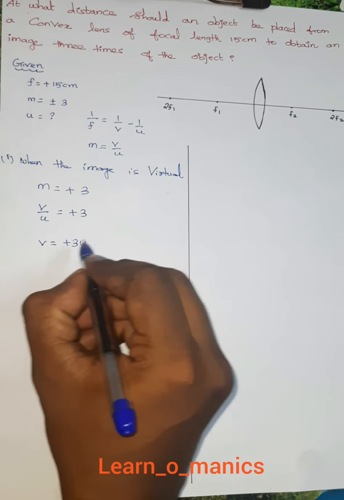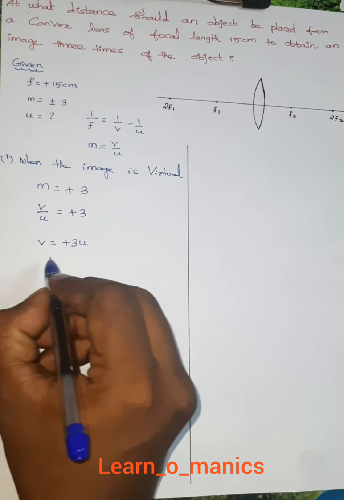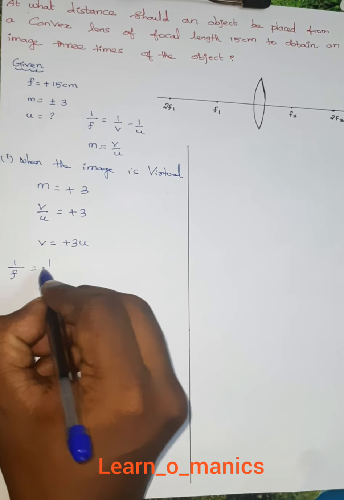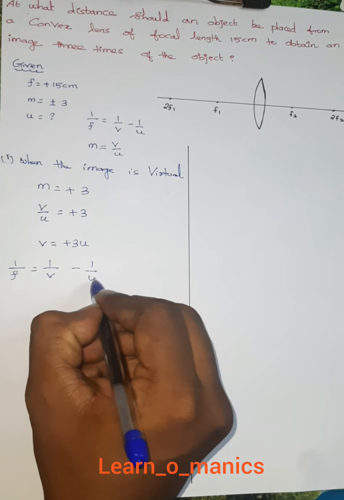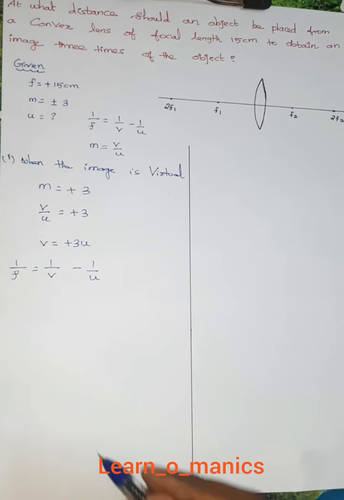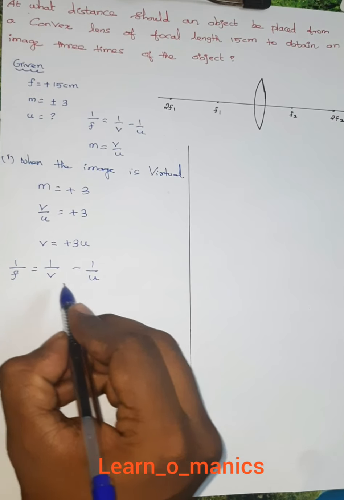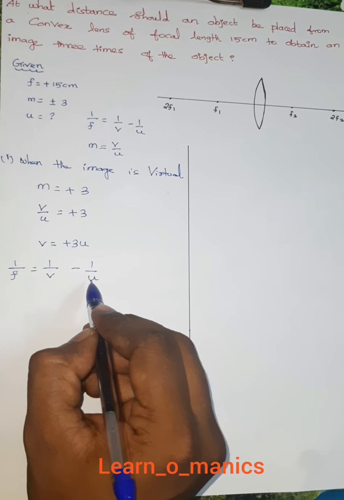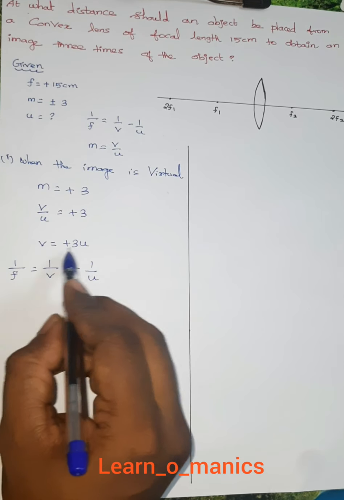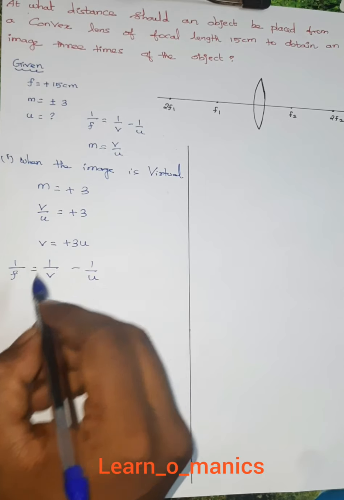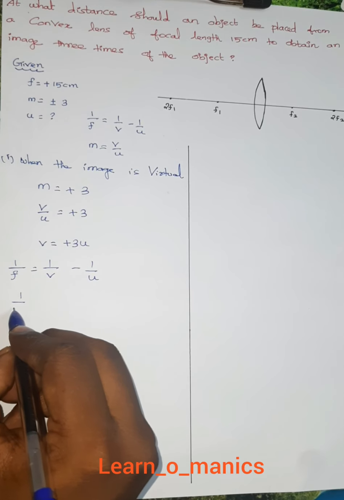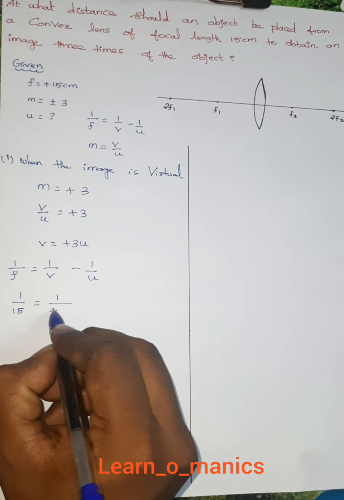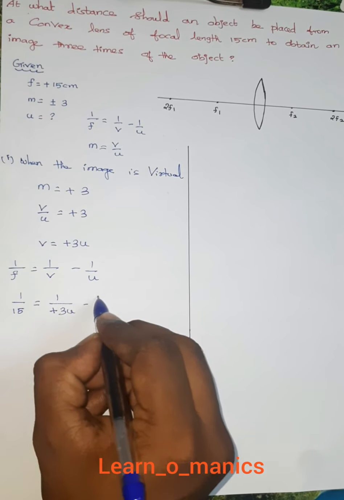Then I will take the lens formula, 1 by f equals 1 by v minus 1 by u. In terms of u I have the same variable, and in terms of v I'm going to use this substitution. So 1 by f, with f being 15 centimeter, 1 by f equals 1 by 3u minus 1 by u.